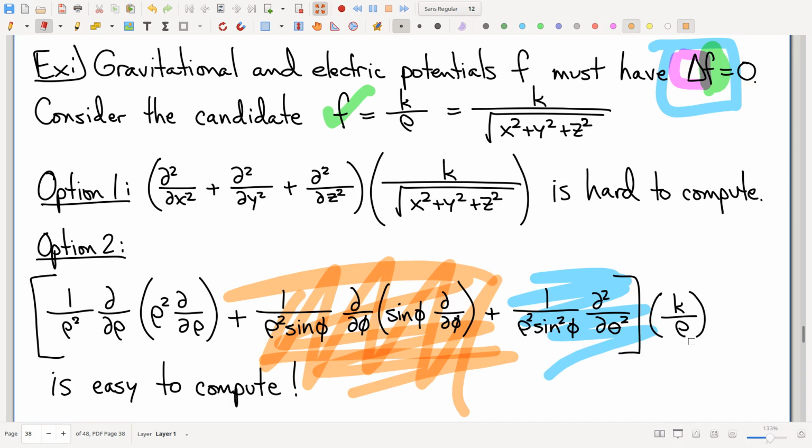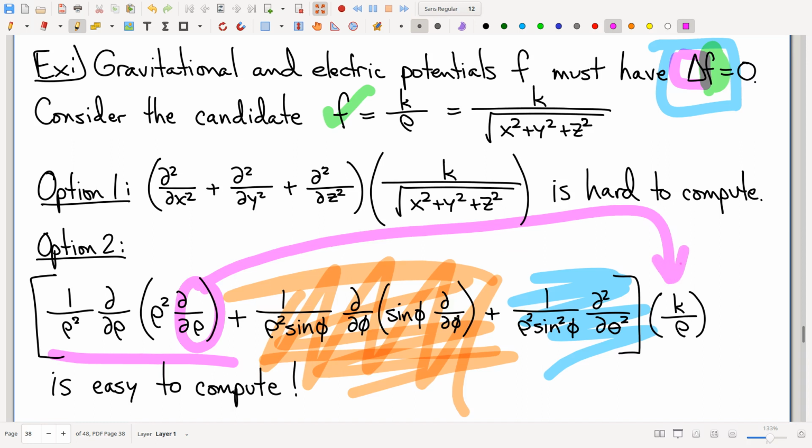A little bit of effort comes up in the last step here. Now we're going to be looking at this first term, I guess. I need to take a rho partial. There is a rho in that expression. All right. Rho partial, k over rho. I get negative k over rho squared, which I'm going to multiply by rho squared, right?